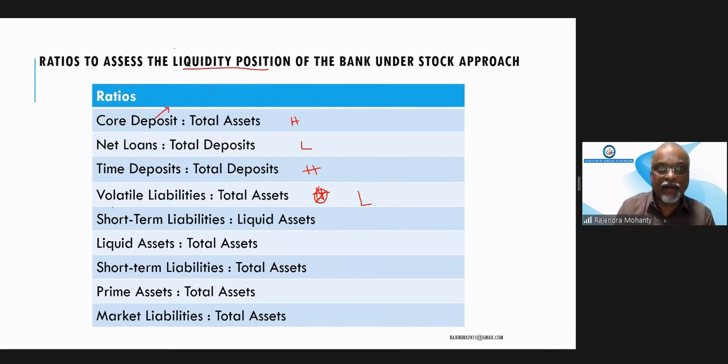Because certain things are there which we normally get very confused about. Volatile liabilities, we are talking about liquidity position. Volatile liabilities normally means we take the borrowings. We will take the case of borrowings. Volatile savings and current are very less, 10 to 15%, so we will not consider them.